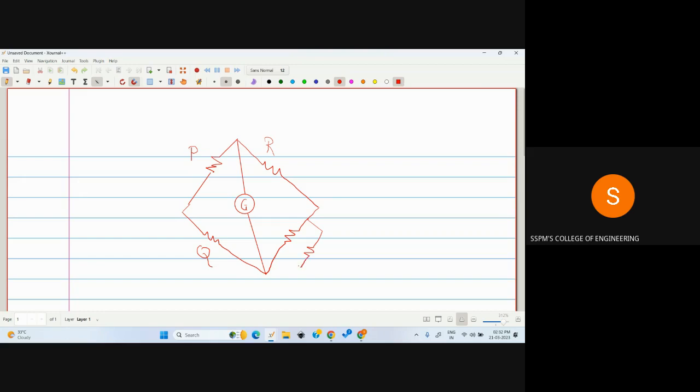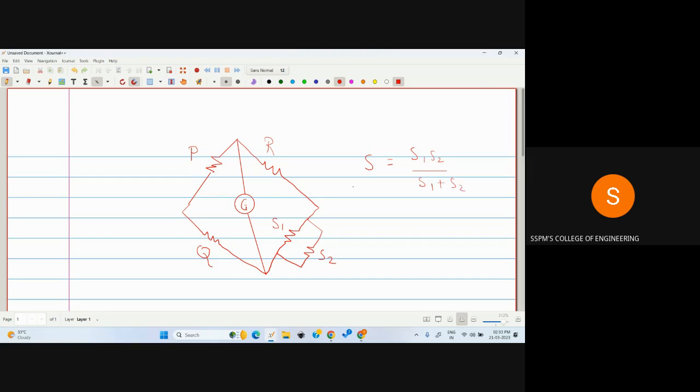The parallel network is present in the fourth branch, where S1 and S2 are in parallel. And you also know that if S1 and S2 are in parallel, then the total resistance is S1 into S2 divided by S1 plus S2.